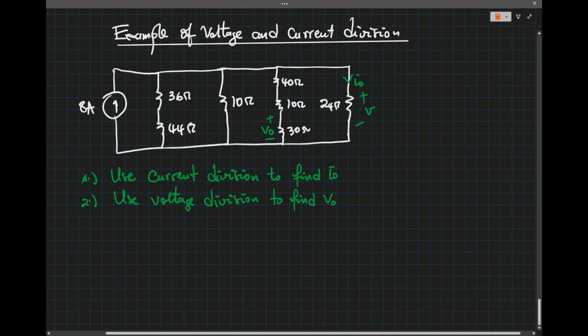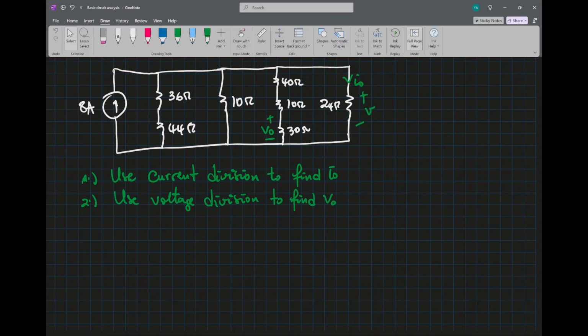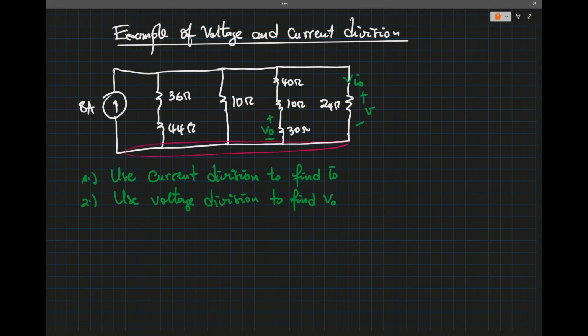So as you can see, we have two essential nodes, this one and this one. So the branches are in parallel, right? So let me redraw.